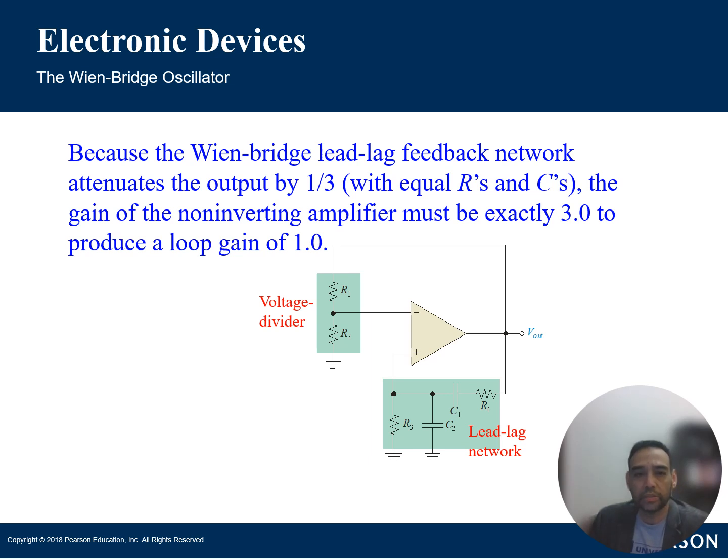That's equal to exactly 3, not at least, but exactly 3, and that'll give you a gain of 1. Now we talked about this before where we have theoretical and practical components. So it says exactly 3, but we know what that means in the real world. It's as close as you can get it to 3.